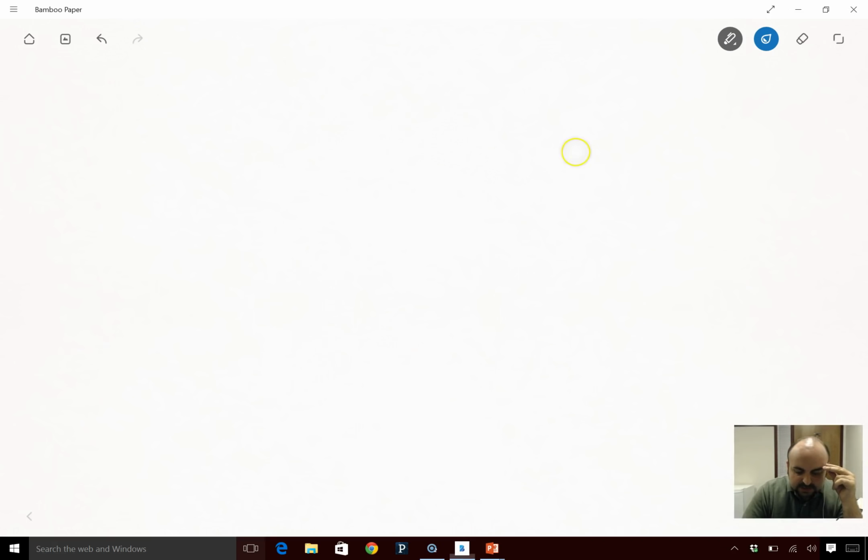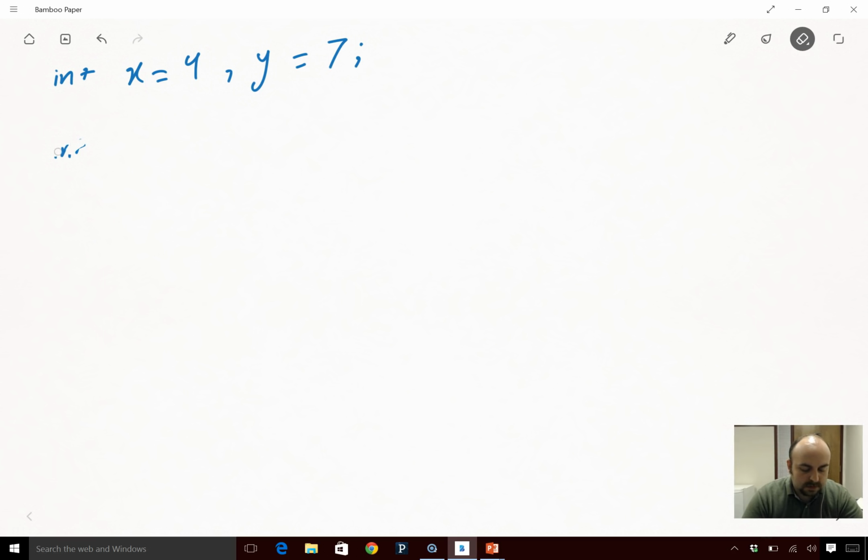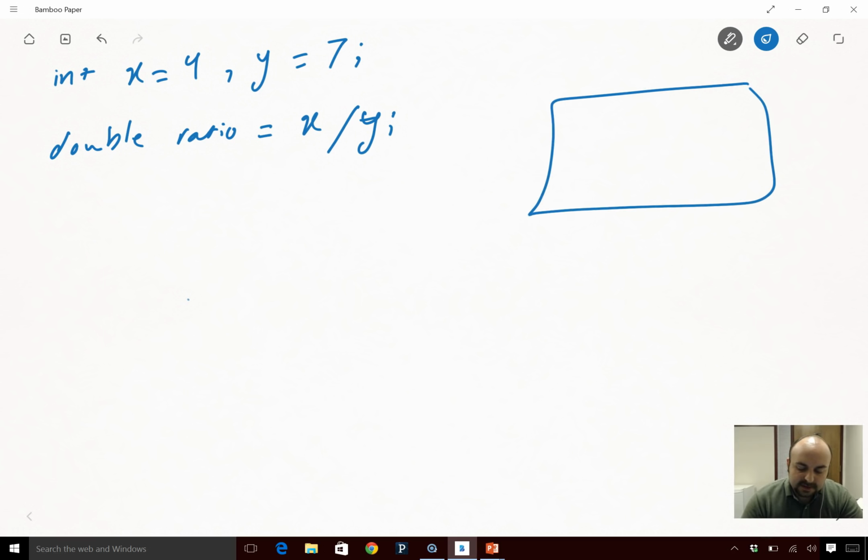To illustrate this a little bit more, if we have int x equal 4 and y equals 7, and I can have double ratio equal x divided by y, this is going to look this way.